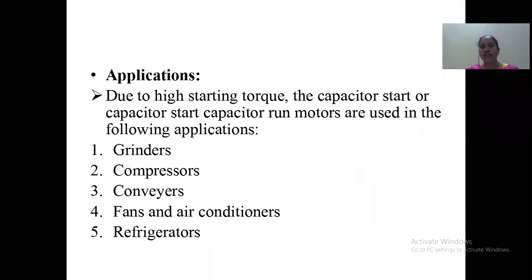Due to the high starting torque, the capacitor start, capacitor run motors are used in the following applications. So both the types have the same applications. You can see here, those are grinders, compressors, conveyors, fans and air conditioners, as well as the refrigerators. So these are the applications of these two motors.